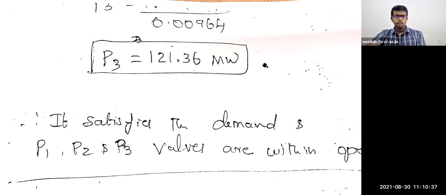Why? Because there is a difference between 121 watts and 121 megawatt. Say for example, I need to give you 121 lakhs, but I am giving only 121 rupees. Whether you will accept or not, you won't accept.